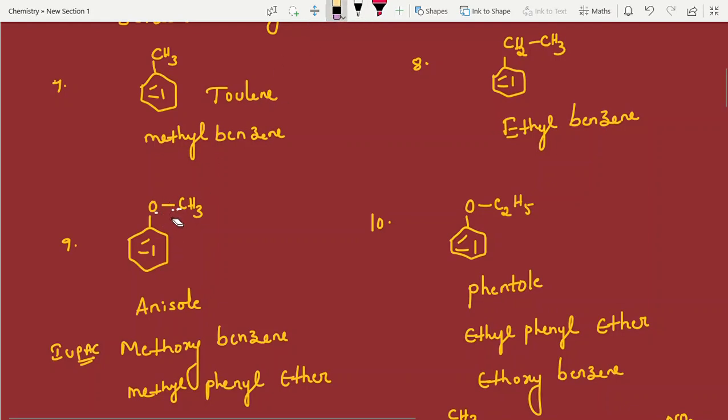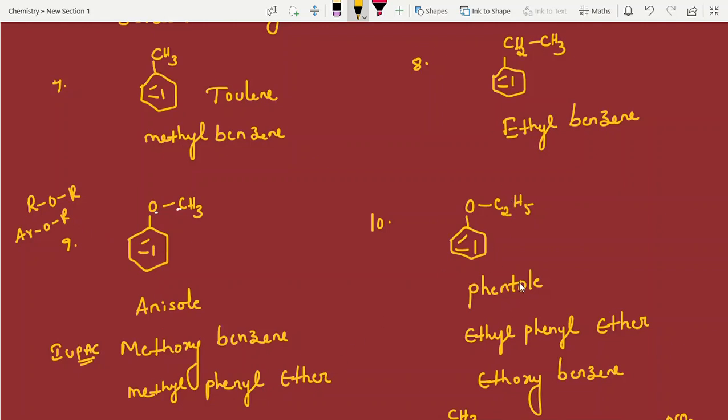Clear, students? Now what is the common name? Anisole. And one more name: this is methyl, this is phenyl, this is ether. The R-O-R linkage, or Ar-O-R, this oxygen linkage we call ethers.